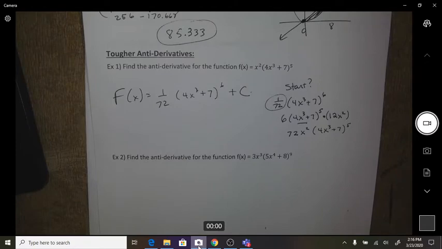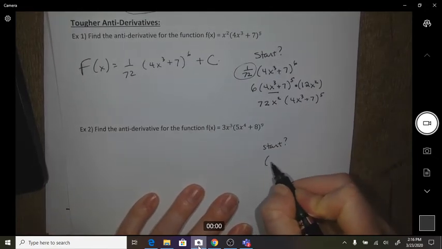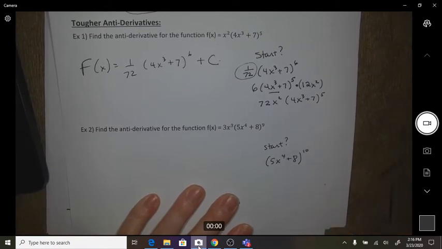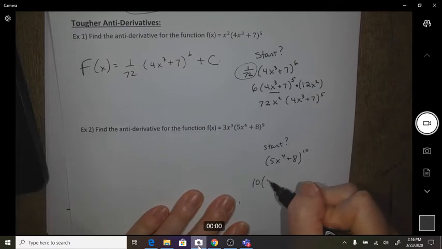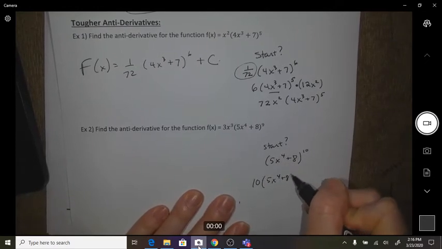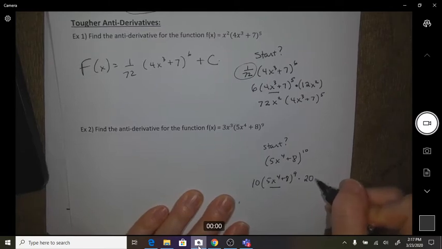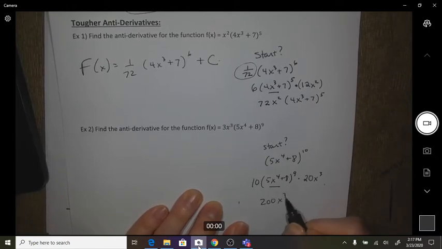Okay, next, also a power chain. So let's test our start: 5x to the 4th plus 8 to the 10th. If I start with that, I would get 10 of those to the 9th times the derivative, 20x cubed. So this would be 200x cubed.